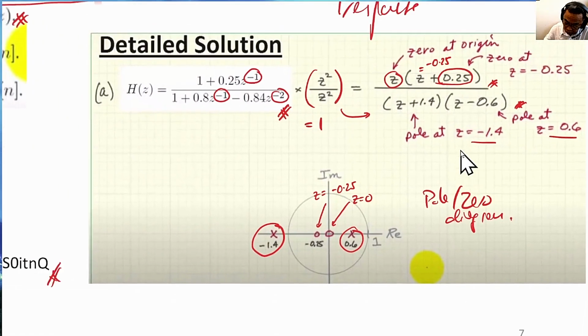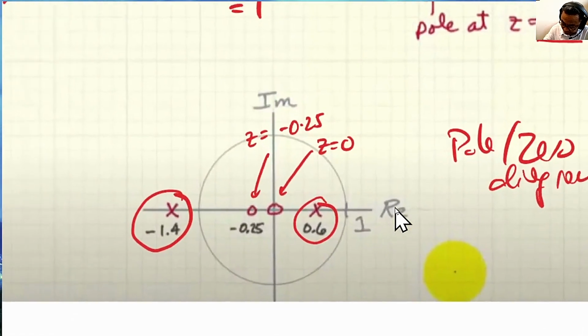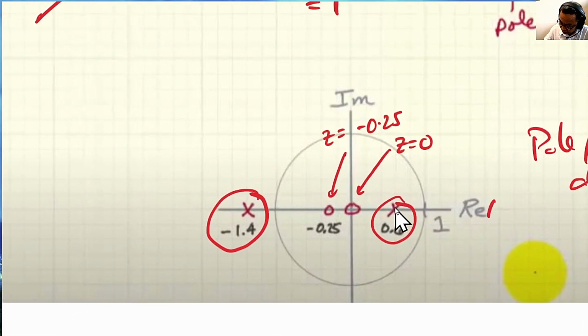The trick to do this is when we are given negative powers of z, we must convert them into positive powers of z, and factorize the numerator and the denominator to identify the poles and zeros. When we draw the pole and zero diagram, we first draw the complex plane. This is the real part of z, this is the imaginary part of z.